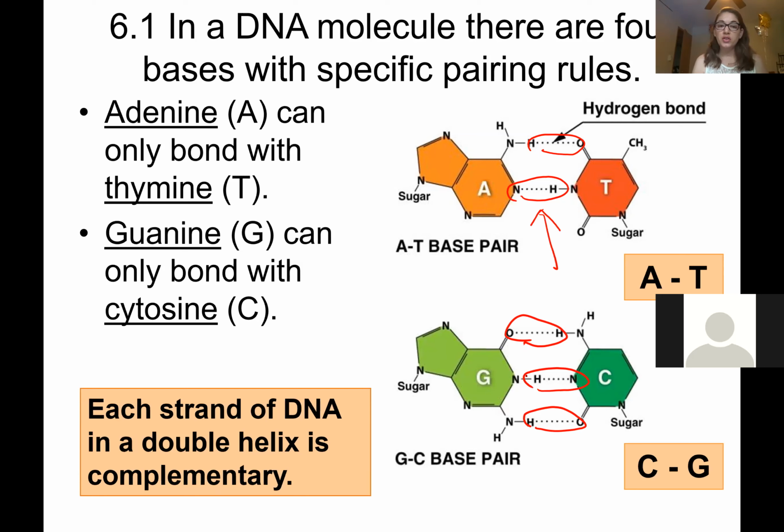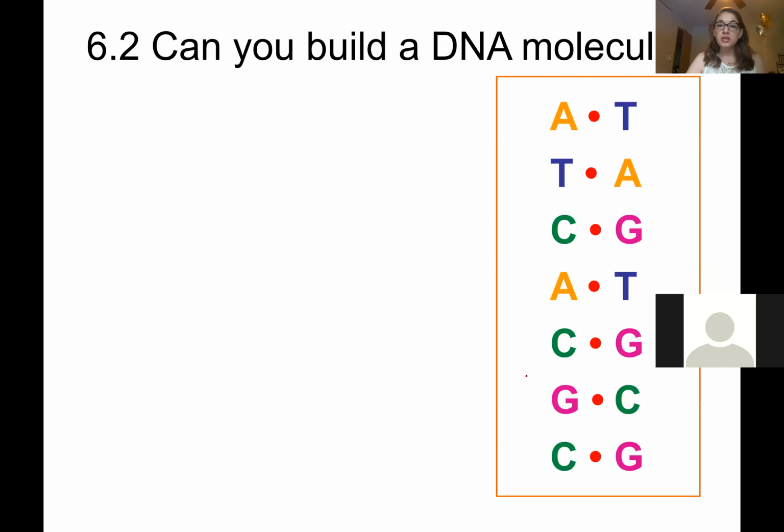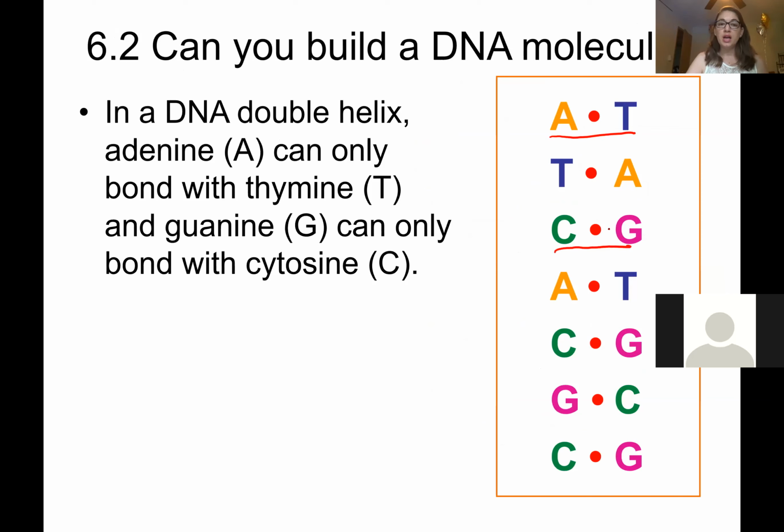Each strand of DNA is complementary, and I'll show you what that means on the next slide. Remembering our base pairing rules, adenine only binds with thymine and cytosine only binds with guanine. It's a double strand, so a double helix.